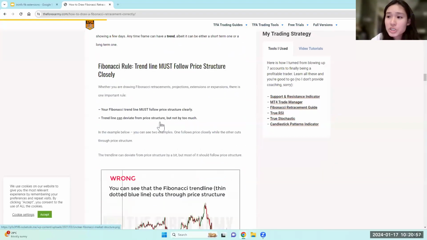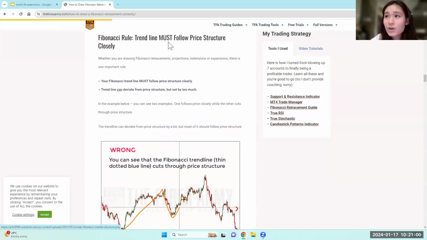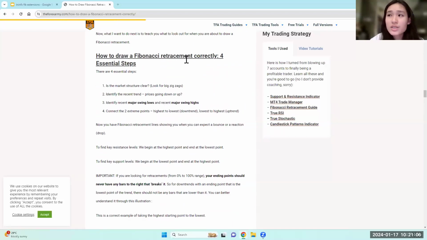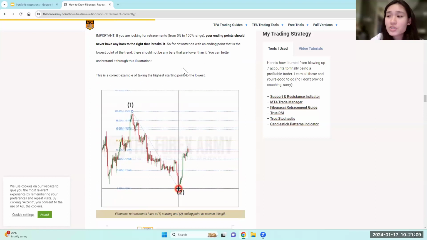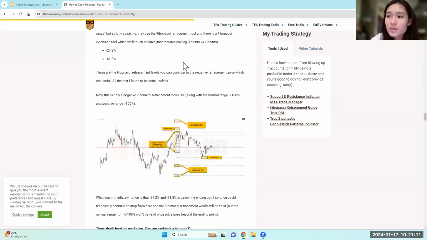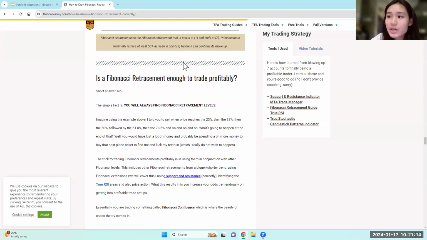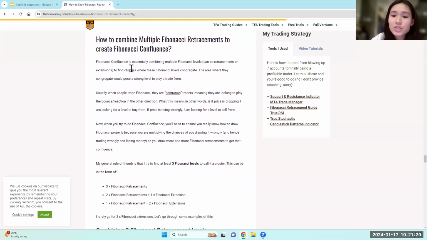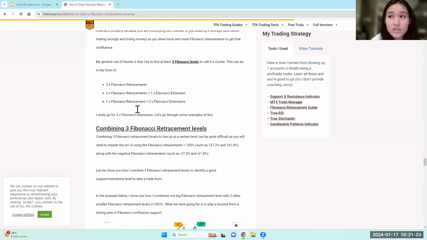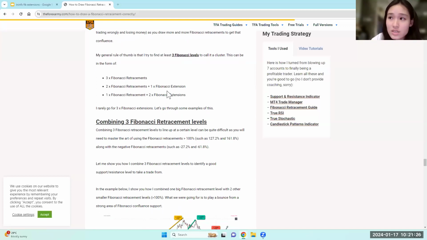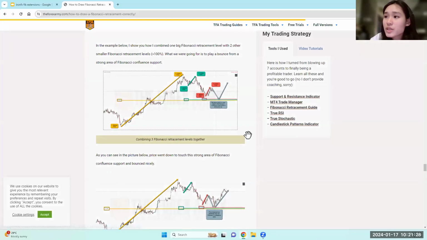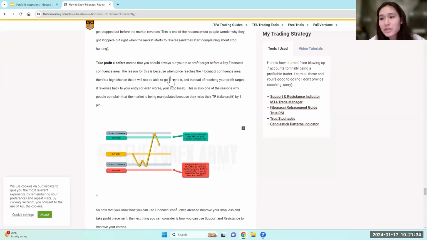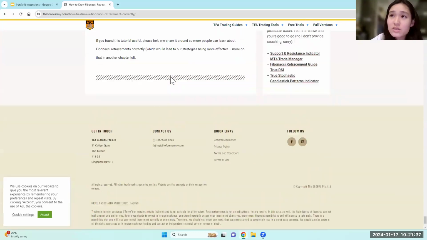You can see the clear structures that we went through earlier, how you can follow price structure, and clear steps on how to draw your Fibonacci retracement, with some examples. Feel free to check out this website after this webinar. It also goes through Fibonacci confluence, which might be a little bit confusing since we are combining all the techniques. You can see over here, we have a bunch of examples. Let me just pop it into the chat for you guys.